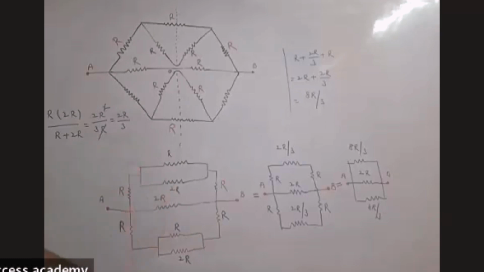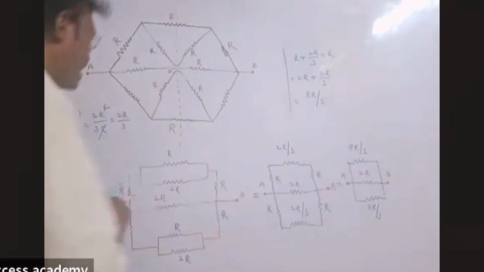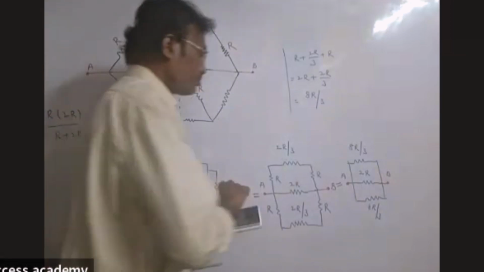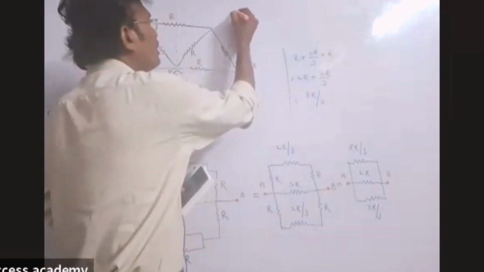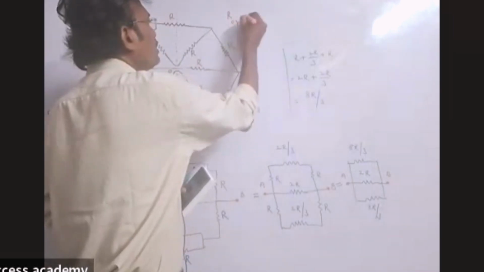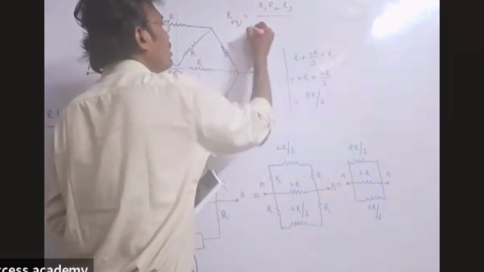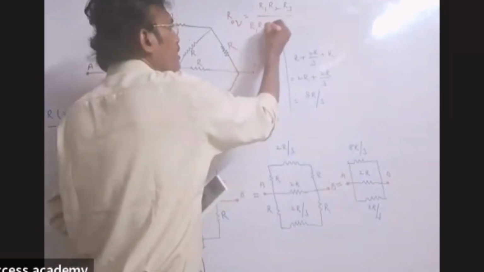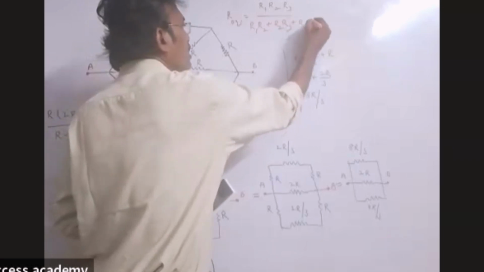What's the value, ma? If you take the calculation like this, listen ma, here R equivalent is equal to R1 R2 R3 by R1 R2 plus R2 R3 plus R3 R1.